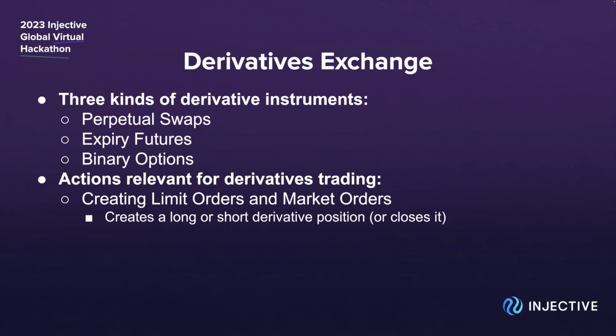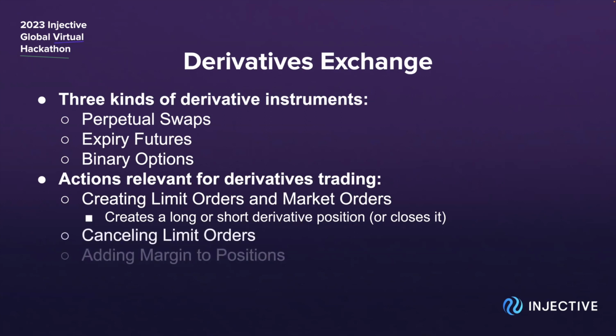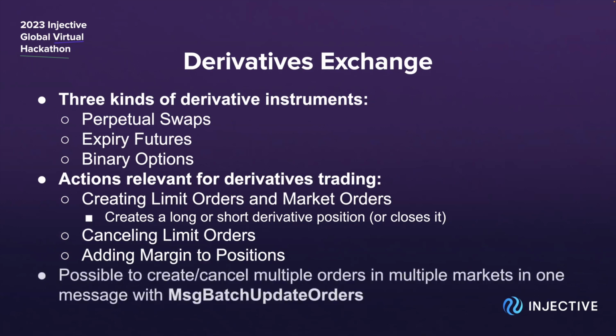Or if you already had one and your order is in the opposite direction, it can also close your position. Of course, you can also cancel your limit orders. And once you have a position, you can also choose to add margin to it. On Injective, it's possible to create and cancel multiple orders in multiple markets in one message, which is called message batch update orders.